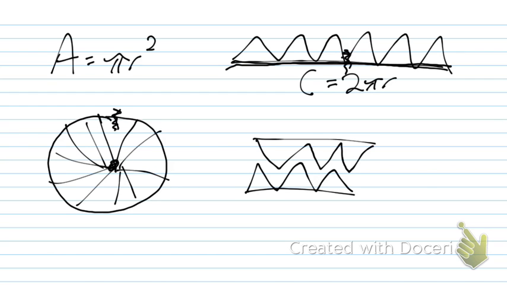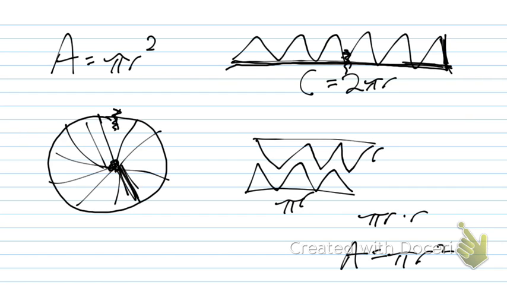If I break it right here, each side of that is worth half of 2 pi r, right? What's half of 2 pi r? Pi r. And what is this going to be right here in the circle? A radius. And if I do base times height, I get pi r squared.